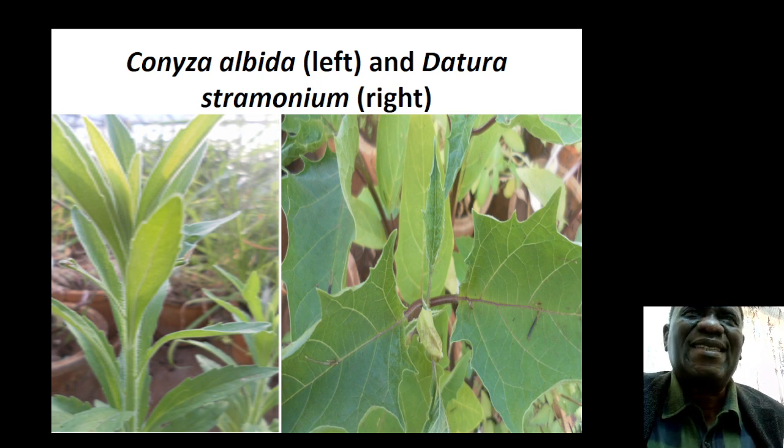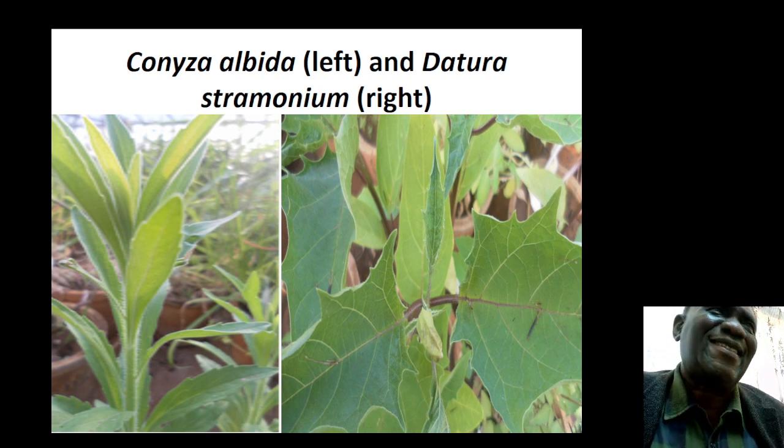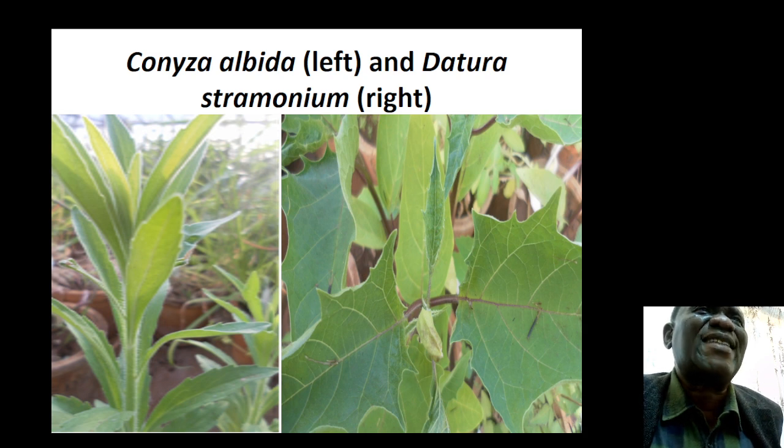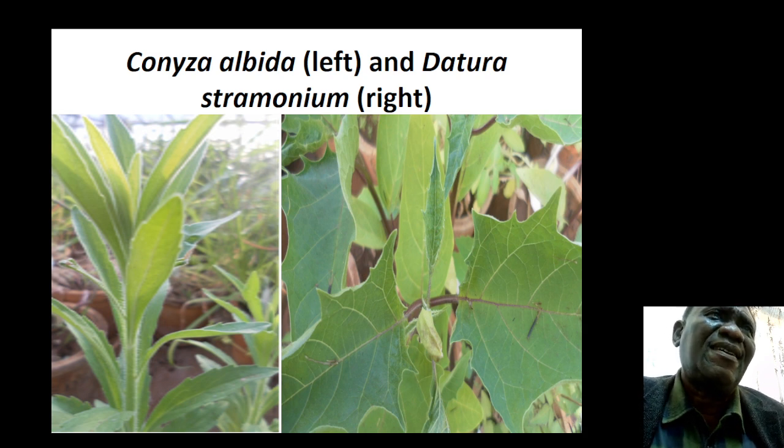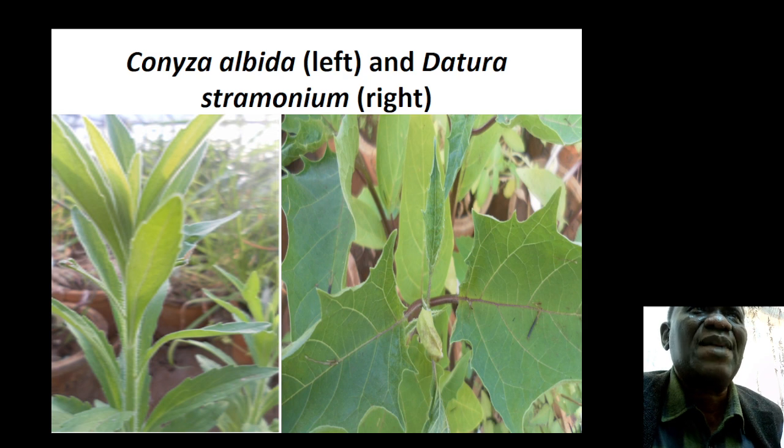Now, looking at the plant characteristics, here I've got an example of Conyza arabica on the left and Datura stramonium on the right. If you look at the leaves of the Conyza arabica on the left, they are almost upright, whereas those of Datura stramonium are horizontal.